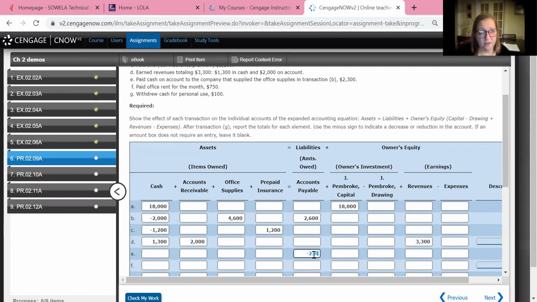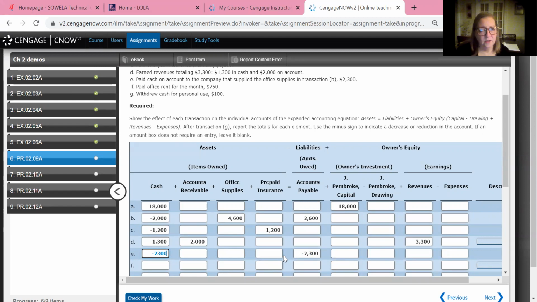And again, you'll see I'm not necessarily starting with cash. I'm starting with the one that makes most sense to me right then. I totally understand that I'm paying some of that accounts payable, so I'm going to reduce it right away. And what happened to my cash? Cash increase or decrease? If you see the word paid, you know cash decreased. $2,300.